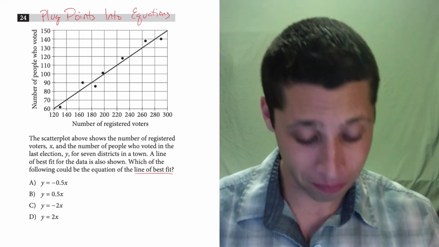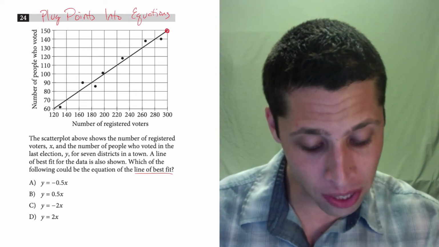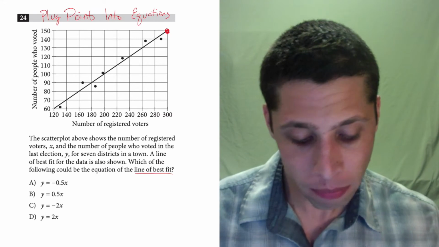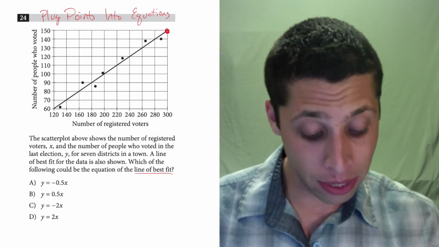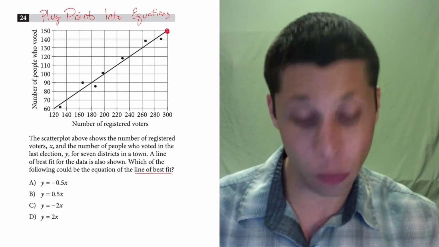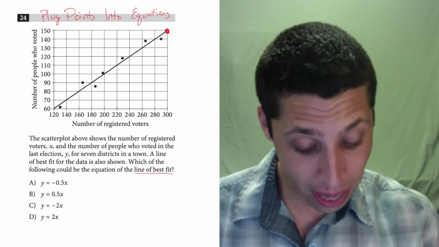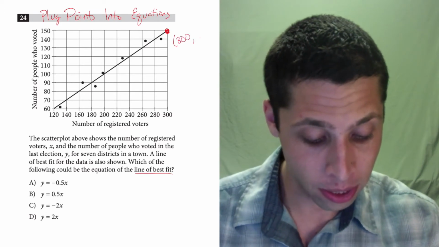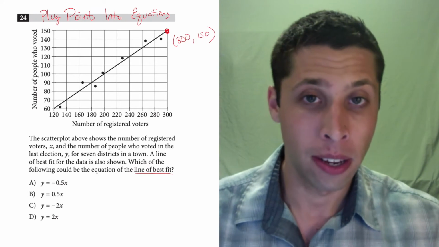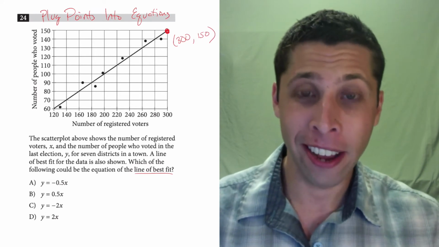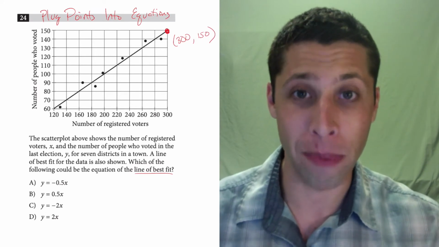It depends on the question. So the point that I'm going to choose is not anywhere given, but it's the top corner. And the reason is that the numbers are easy, right? 300 and 150. So I'm actually going to write that point down, 300, 150. And I write it down because, again, I know what the SAT is trying to do to mess with me.